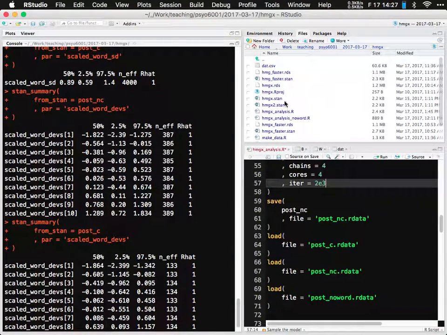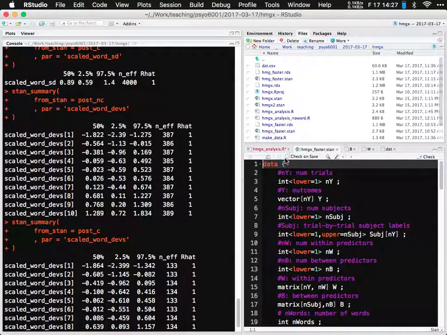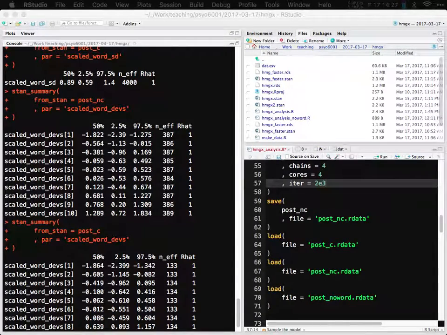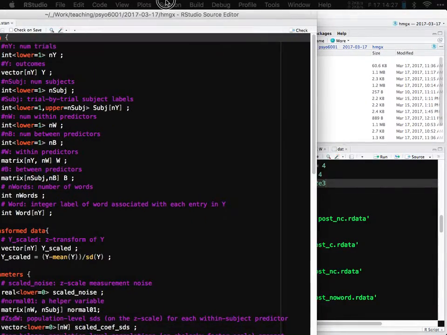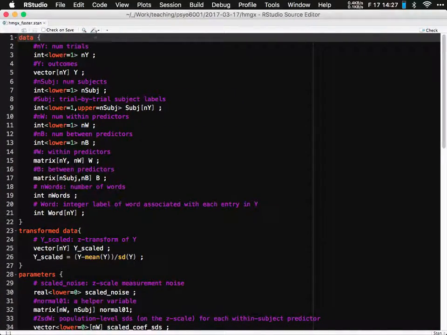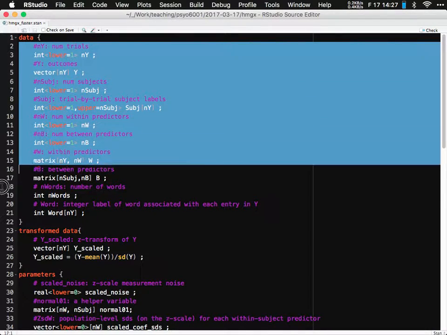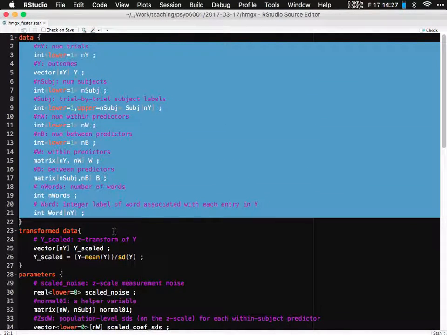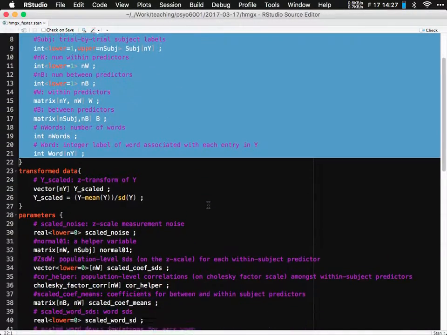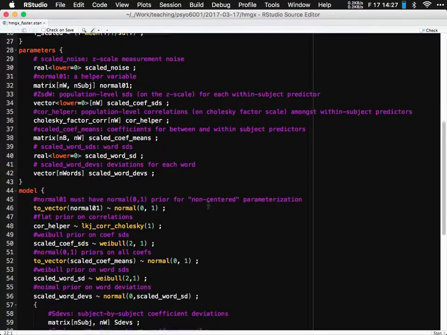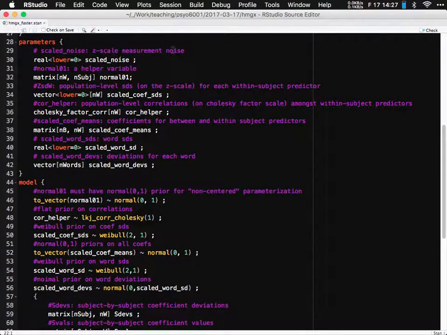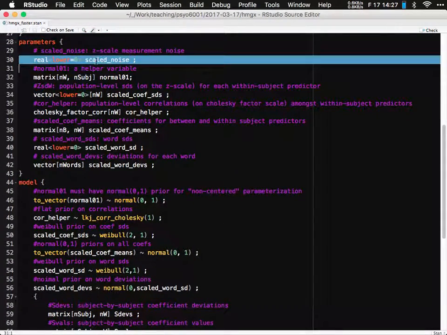I haven't shown you what's in that faster version, so let's take a look now. Same data coming in. That's why you wouldn't have to change the way the data was structured. The inside of the model is very different, though. We still have scaled noise.